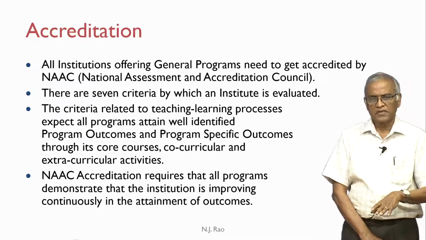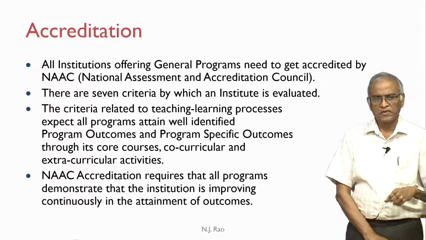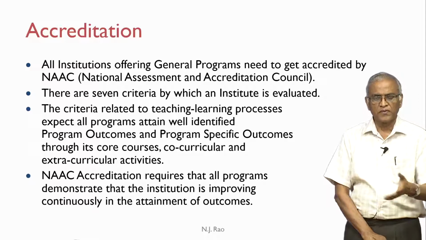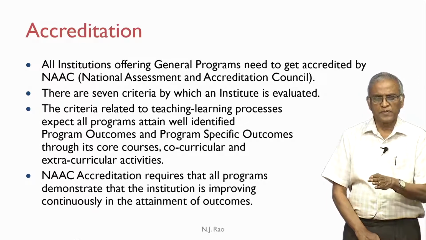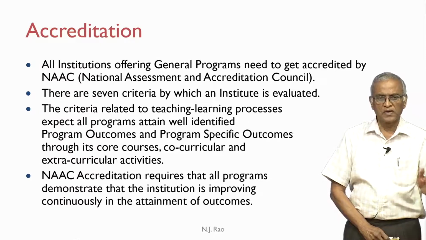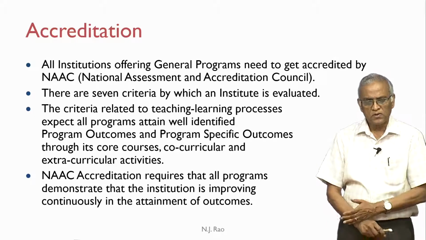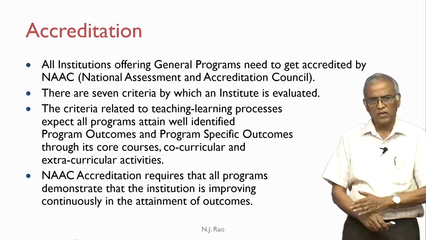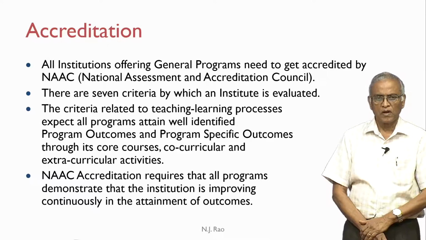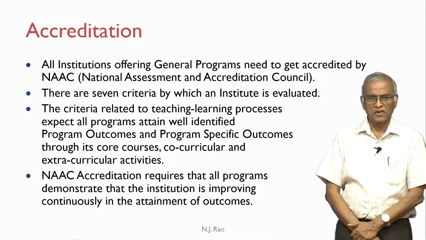Mind you, it is not about the program. Let us say a university has 40 different programs, and the programs may range anywhere from music, dance to physics, chemistry and so on. So, the NAAC accreditation looks at all the programs, although they may sample in most of the cases.